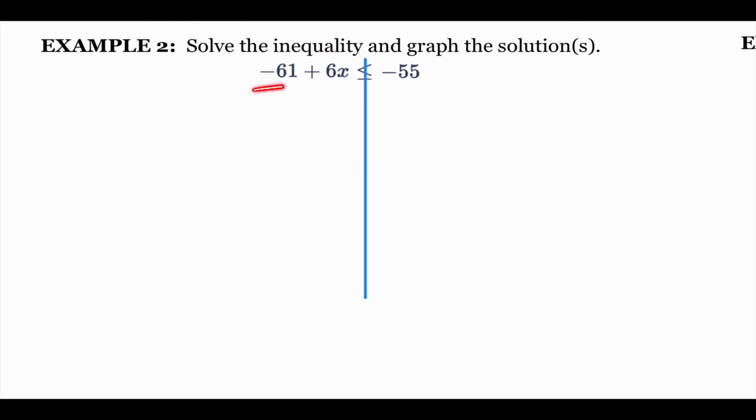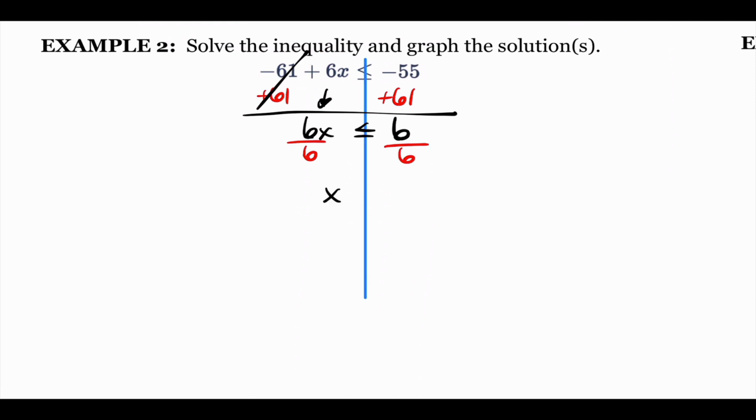So that means -61, I got to move. +61. And -55 plus 61 is 6. Divide by 6, right? Divide by everything in front of X. Do I have to flip the symbol for this one? No, because I didn't divide by a negative. 6 is positive. Done.